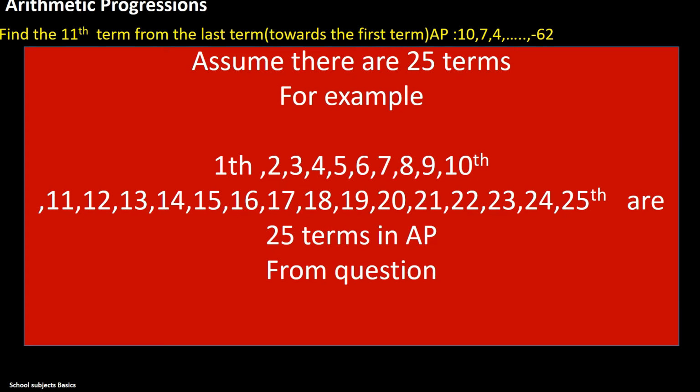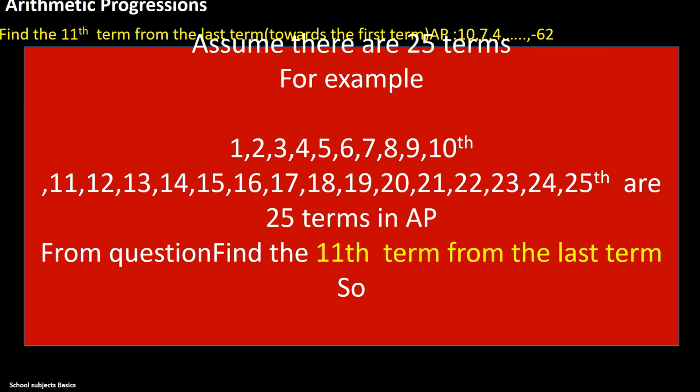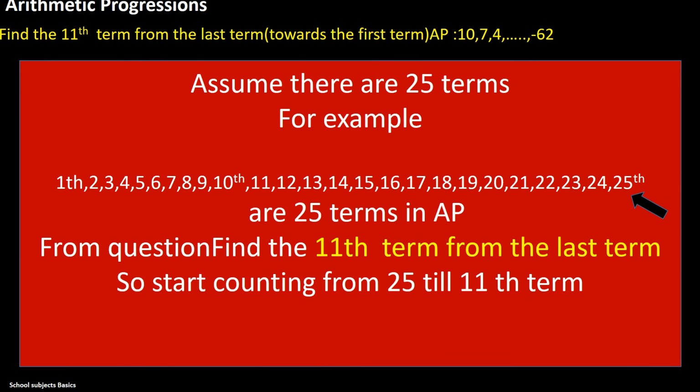Find the 11th term from the last term. This is a simple assumption for better understanding. If we count from the 25th term towards the first term, up to the 11th position, we get the 15th term.